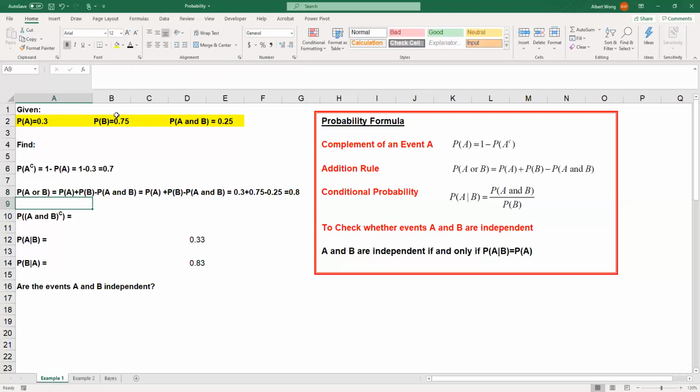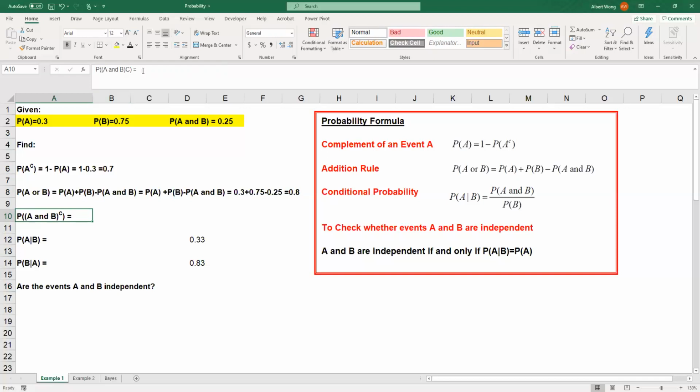The next one is also a use of the complement of an event A formula. We want to calculate the probability of the complement of A and B. So A and B is considered to be an event. In order for us to calculate the complement of this event, we can just use this formula again.